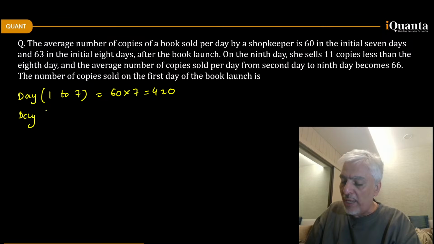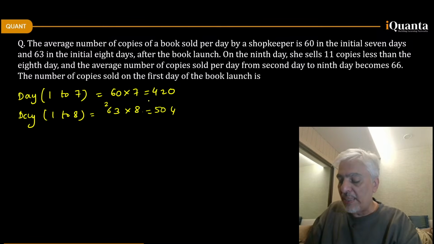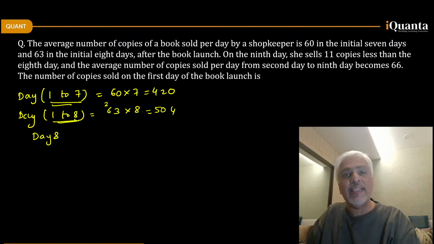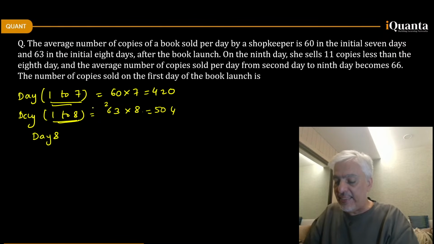Day 1 to day 8 is 63. 63 8s are 8 3s are 24, 2, 48, 504. If I subtract this, it will give me day 8. Because this is 1 to 7, this is 1 to 8. So day 8 becomes 84.